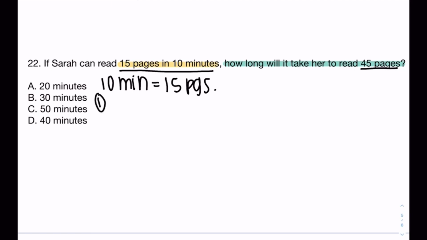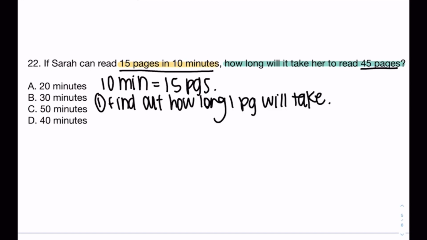So first thing we need to do, find out how long one page is going to take. So the way we do that is we're going to take that 10 and divide it by 15. And we have that from there and that from there. So that 10 divided by 15 is going to be 0.6667, and it goes on and on. So of course that is for one page.